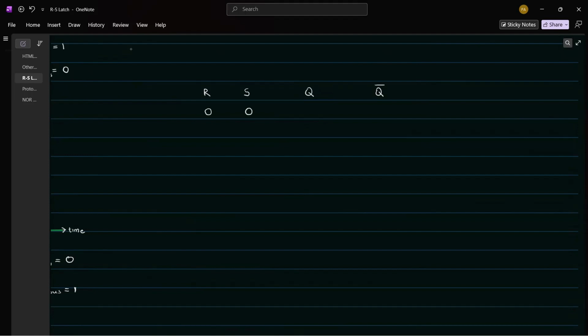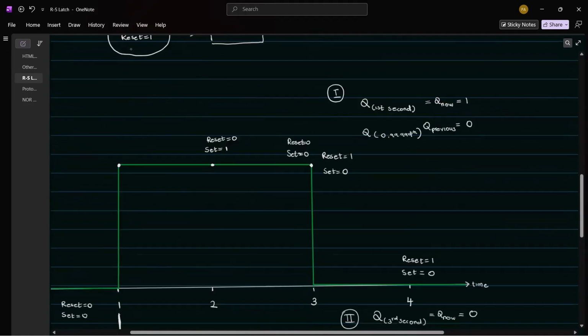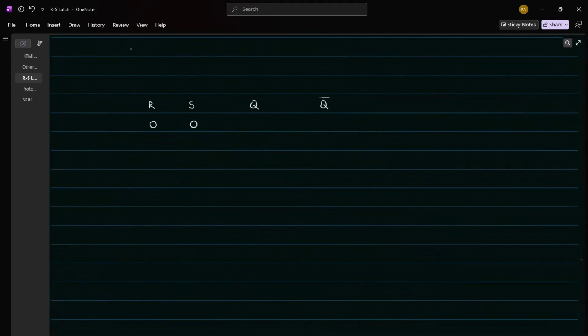Q previous. This is Q now. We are talking about Q now and Q bar now. Instead of putting now, I'm just leaving it as Q and Q bar. I taught you Q previous because it will be easier for you to understand, but here the Q actually represents Q now, and Q bar represents Q bar now.